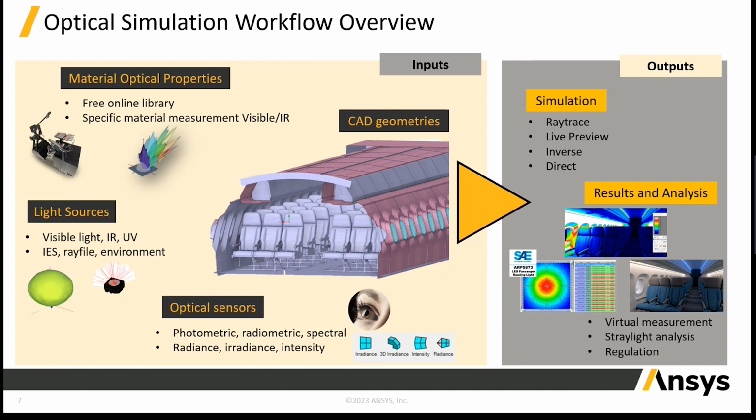And so every input will be set and positioned and defined on a CAD geometry. And this CAD geometry will have impact on all the information. And then we can run a simulation through these elements to be able to recuperate results from the sensor position to see and analyze what's going on.